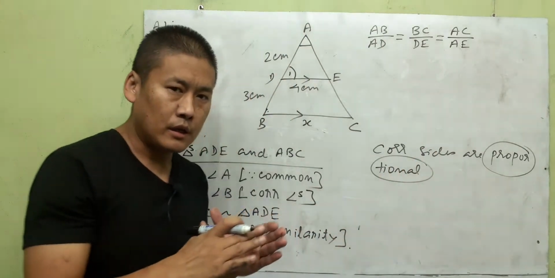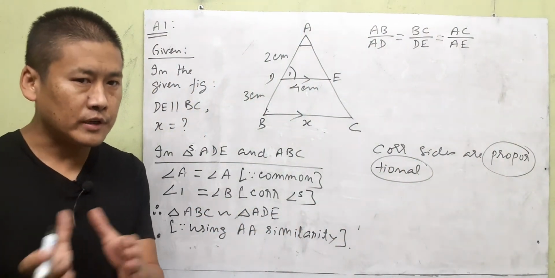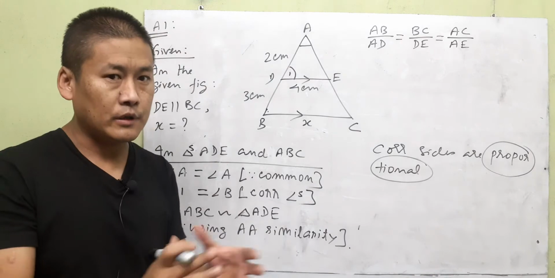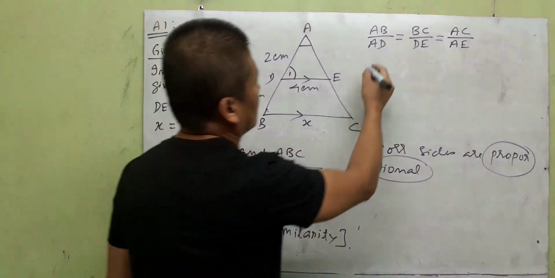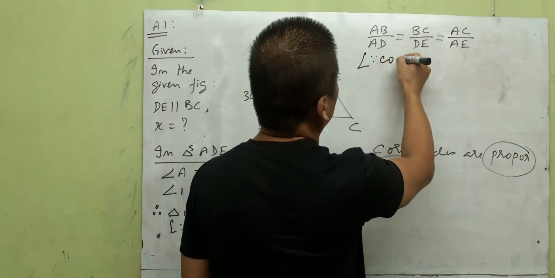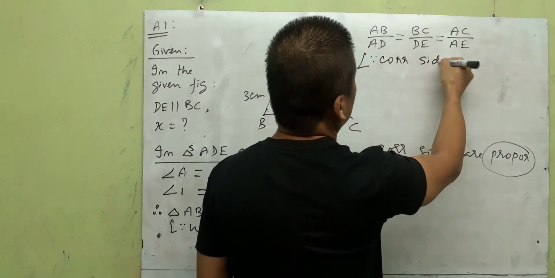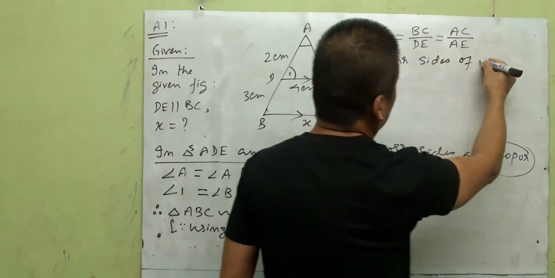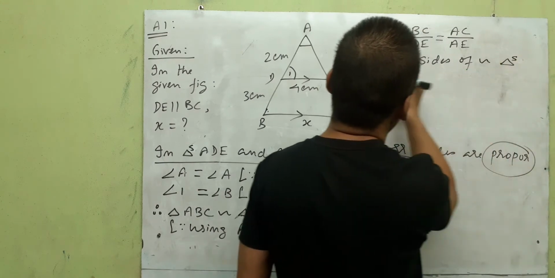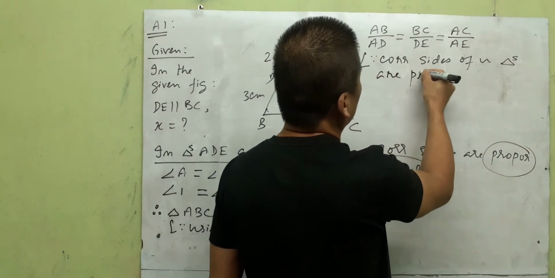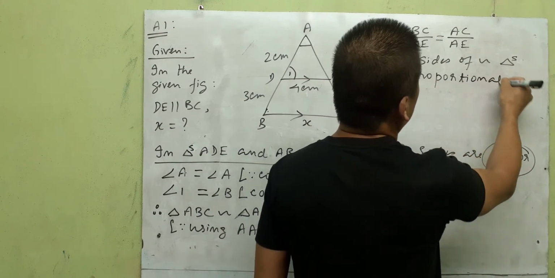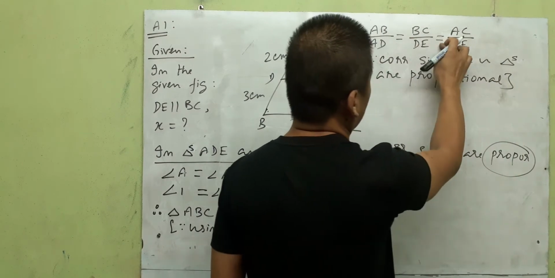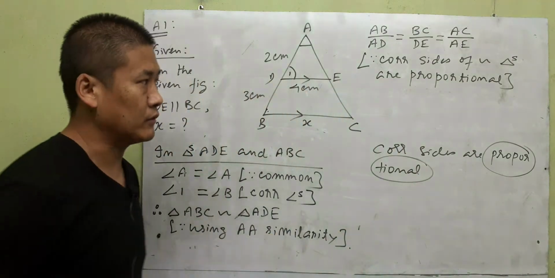Proportional means equality of two ratios or three ratios. So this is why we did this, because we know we have to give a reason: corresponding sides of similar triangles are always proportional. Proportional means these three ratios, with an equal sign between them.